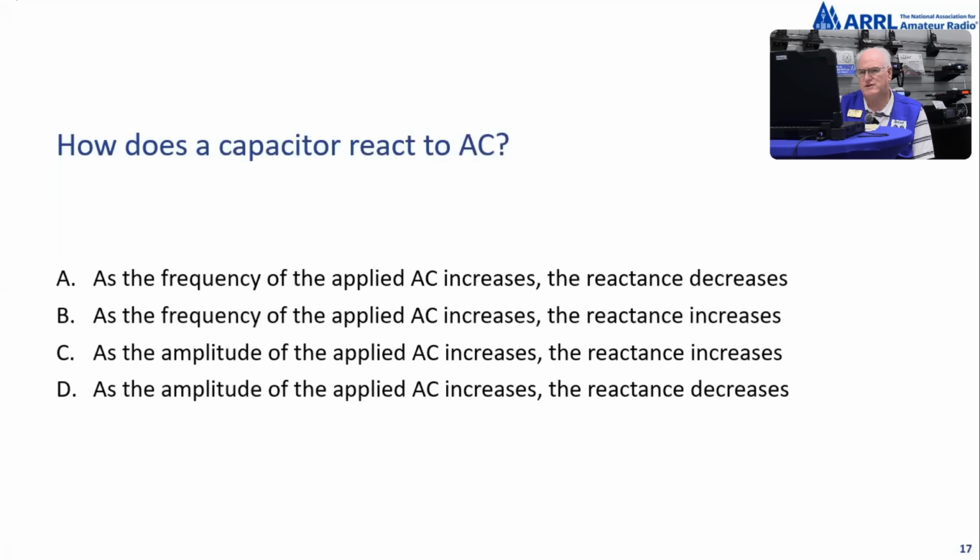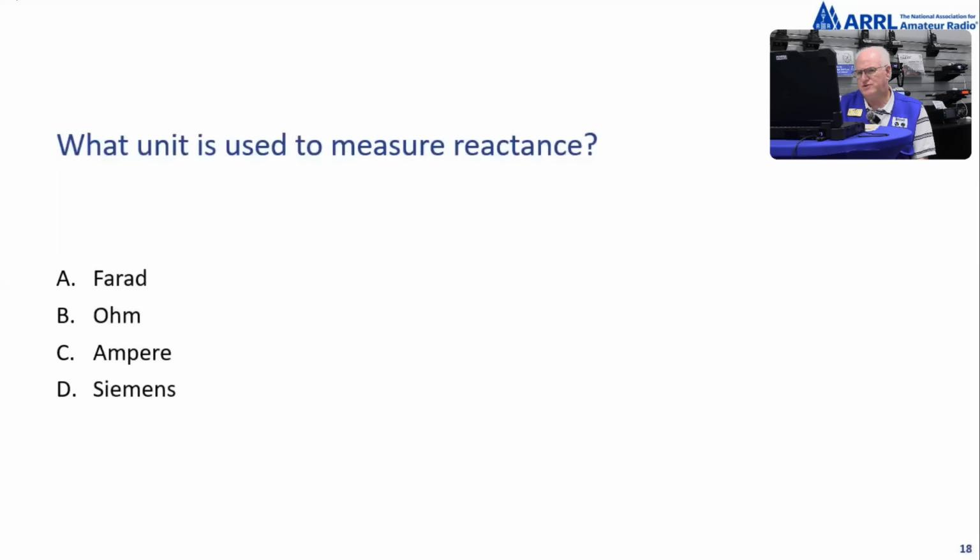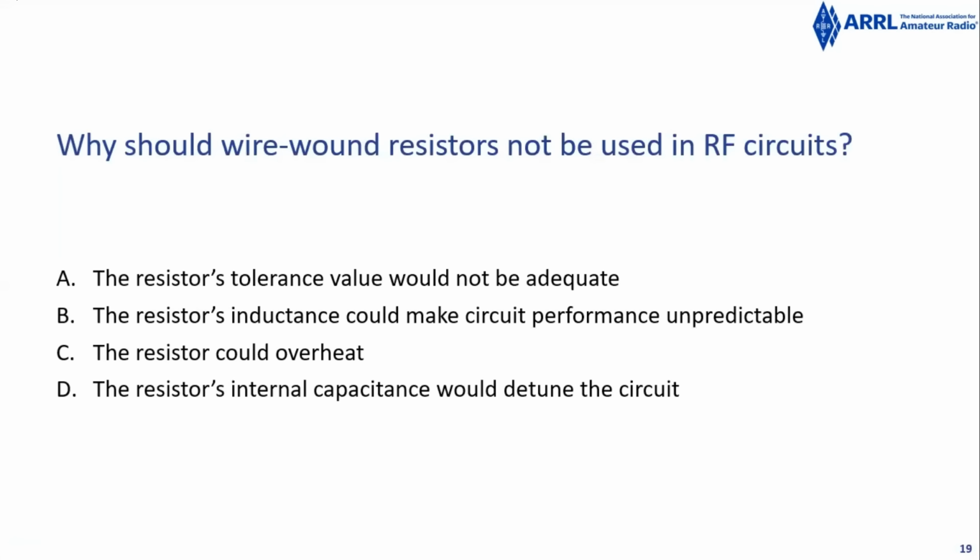How does a capacitor react to AC? Well, it's the opposite. So as the frequency goes up, the reactance decreases in a capacitor. So it'd be A. What unit is used to measure reactance? Okay, it's the ohm. Why should wire-wound resistors not be used in RF circuits?